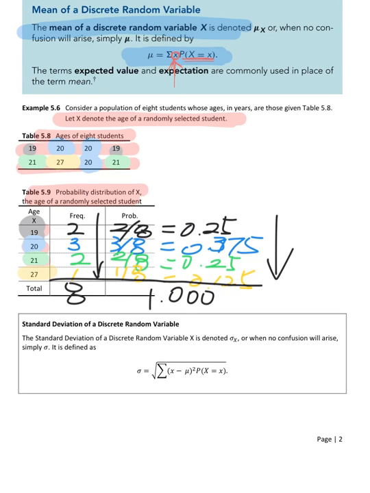What was the random variable in this example? The random variable x was the age. So take the age, 19, times, how much was the probability for age 19? 0.25. Take the multiplication, 19 times 0.25.